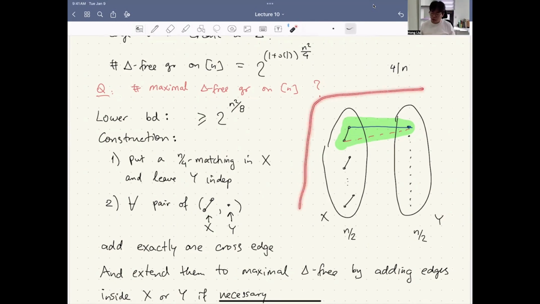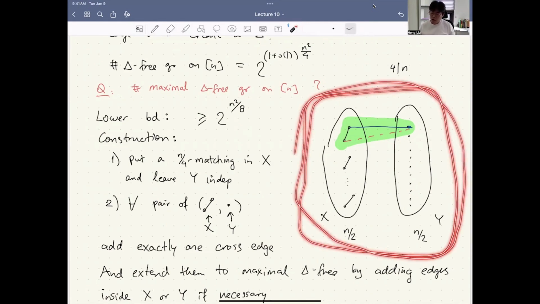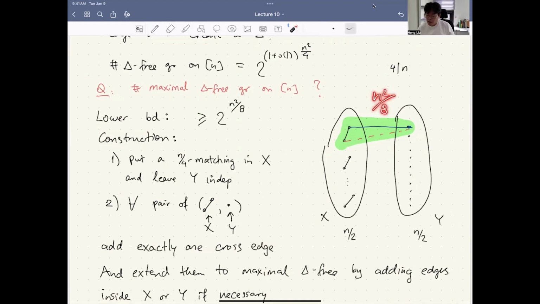We can prove that most of these graphs have roughly n squared over 8 edges, as in this construction. To be more precise, for almost all such graphs, you can find a partition of the vertices into two parts, such that on one part you see a perfect matching, on the other part you see an independent set, and you have edges going across. Necessarily, there must be exactly one for every cross pair to be maximal.